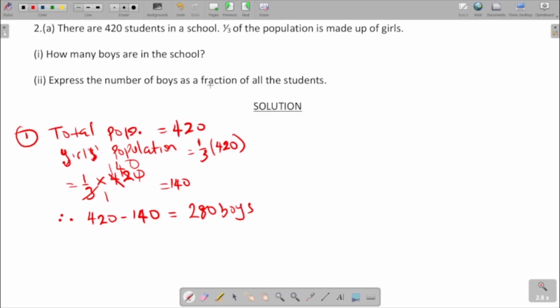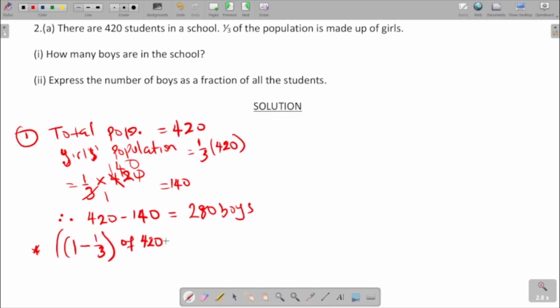Another method you can use to solve it is that since one third of the population are girls, you can say the boys' population will be 1 minus 1 over 3 of 420.